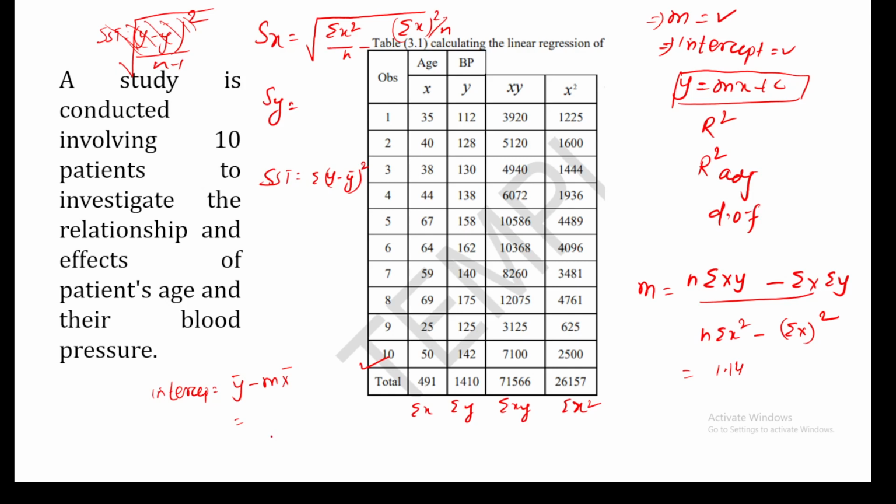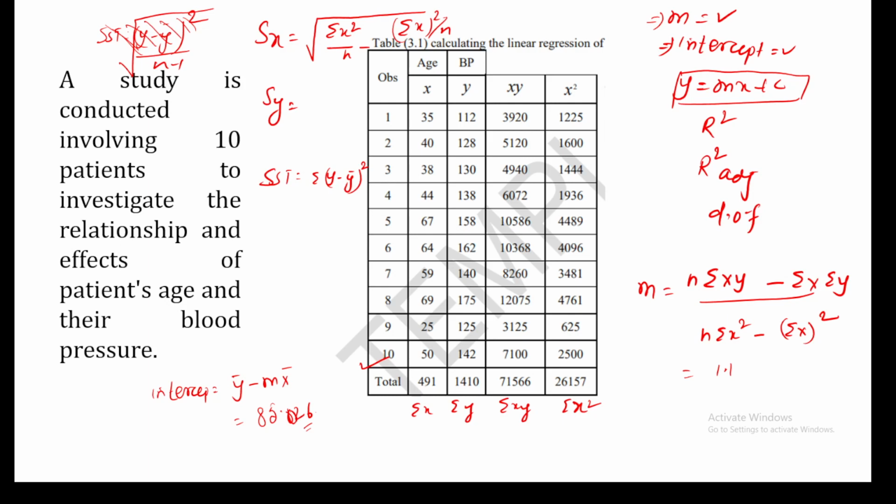How much are we getting? 85.06. 85.026. Is it correct?